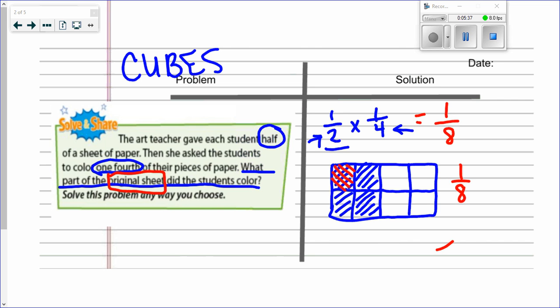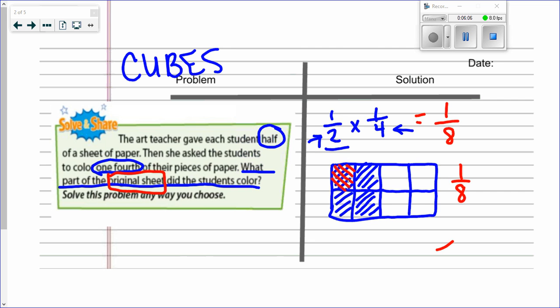But before we move on to the next section, I just want to go through it one more time. We're always going to look at the denominator first. We have our whole sheet of paper. I'm going to divide the whole sheet of paper in half. That's what's on this side that's colored in blue. I colored in 1/2. Then, of that half sheet of paper, the problem says that we are asked to color in 1/4 of the half sheet of paper.